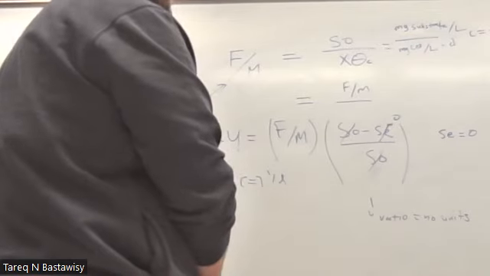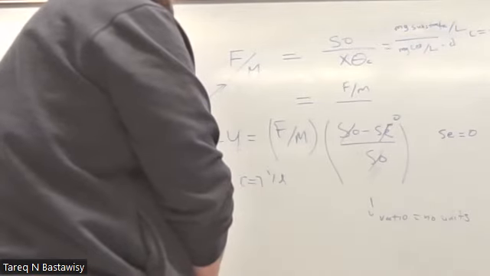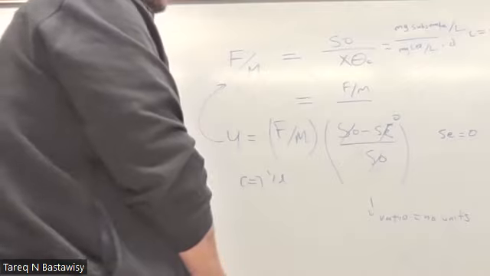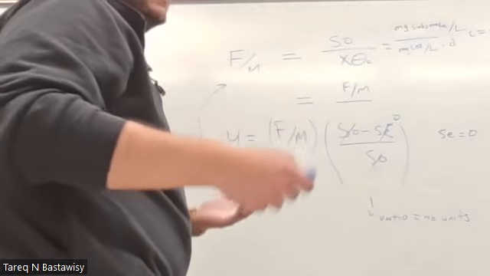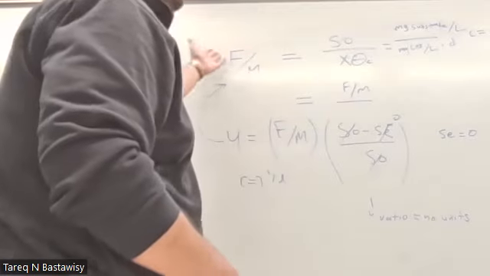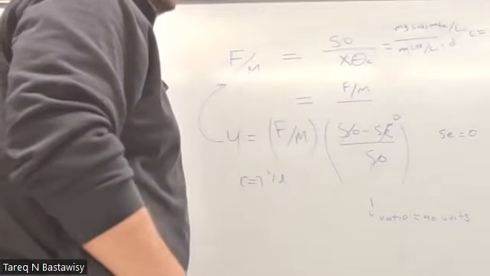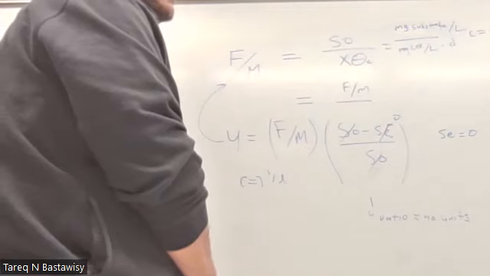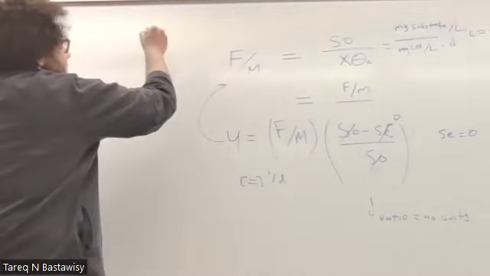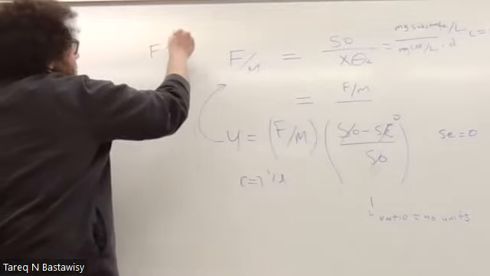So the longer you have it in your system, or in other words, the more recycle you have, because theta C goes up with recycle, the less F over M, food to microorganism ratio, you have. What does it mean to have F over M be low?